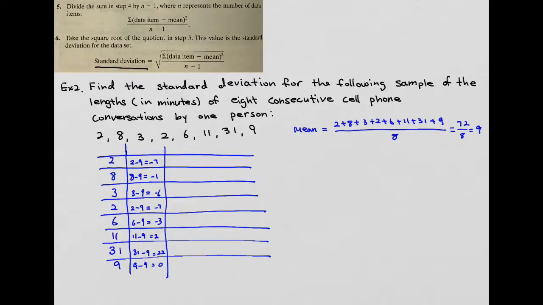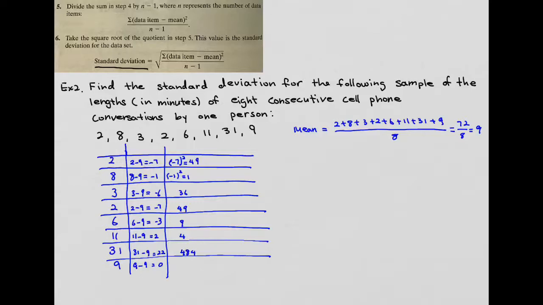When you square negative 7, you get 49. Negative 1 squared is 1. 6 squared is 36. 7 squared is 49. Negative 3 squared is 9. 2 squared is 4. 22 squared is 484.